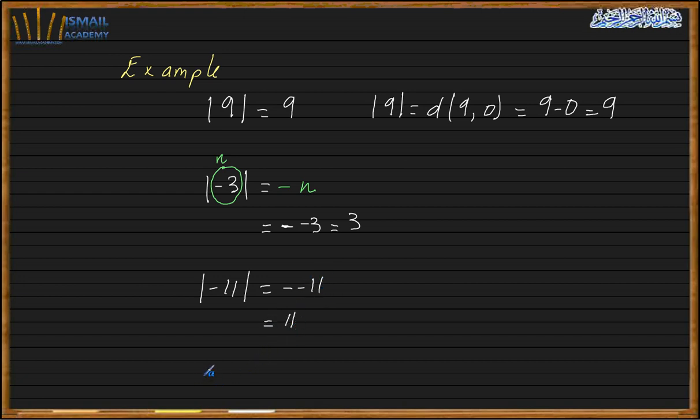This is why most of the students, when they have minus 12, for example, just cancel the negative sign and put 12. So you don't have to put minus 12 or minus 3, because the absolute value is always positive. So instead of having a negative number, I change it to a positive. If it's positive, it stays positive.